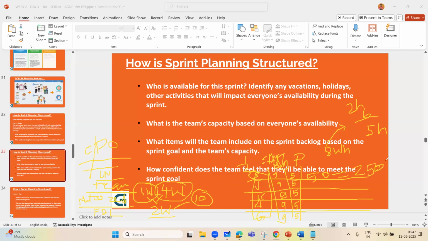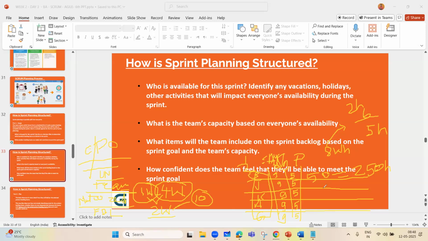Now I have not identified if anyone has a planned meeting or a planned PTO, planned vacation, or any holidays. But generally, you define the capacity well before the sprint begins.